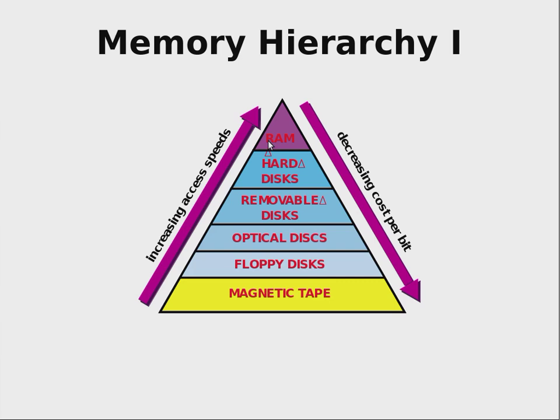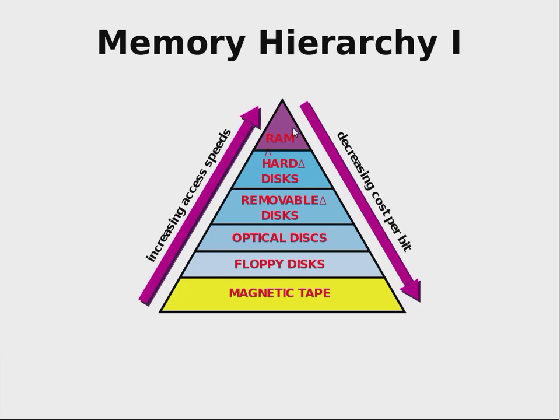So usually computers try to use random access memory or primary memory as much as possible, because this is the fastest one. Also, the problem, why they can't use just random access memory, is that this is also the most expensive one.